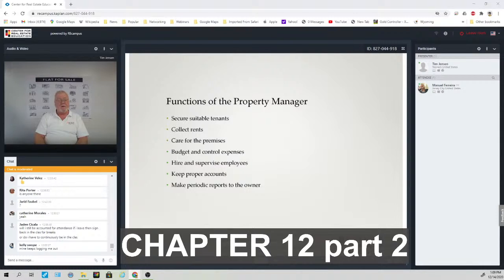Reports include things like monthly income and expense reports, what are commonly termed operating statements every month. An operating statement lists the income and expenses that the property has received for the month and gives a printed record of what the financial condition is of that property for that month.